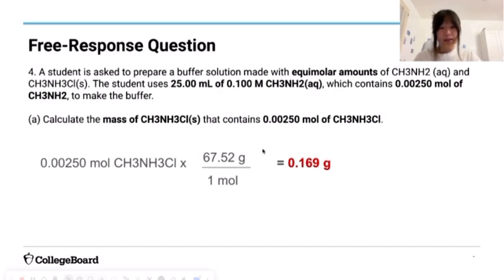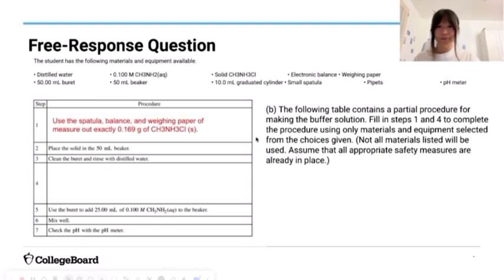So using this mass that we calculated, we want to use a spatula, balance, and weighing paper to measure out exactly the amount that we need to create the buffer solution. And so now we see in steps 2 and 3, we're placing the solid in a 50 milliliter beaker since this is a solid that we're adding in.